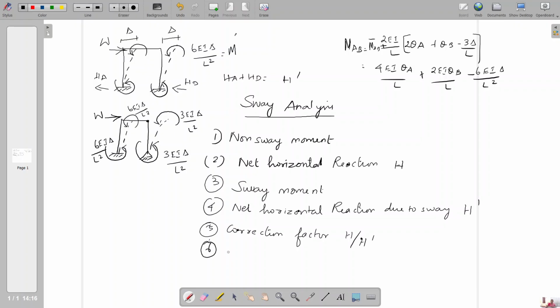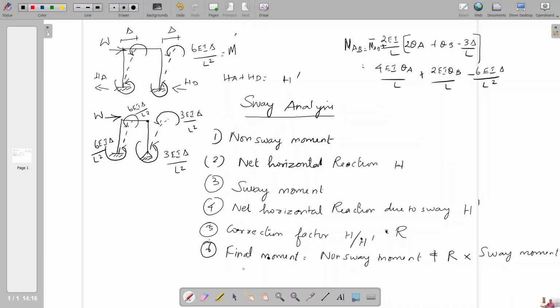Then the final moment equals the non-sway moment plus the correction factor, let us call it R, into the sway moment. So this will be the final moment value.